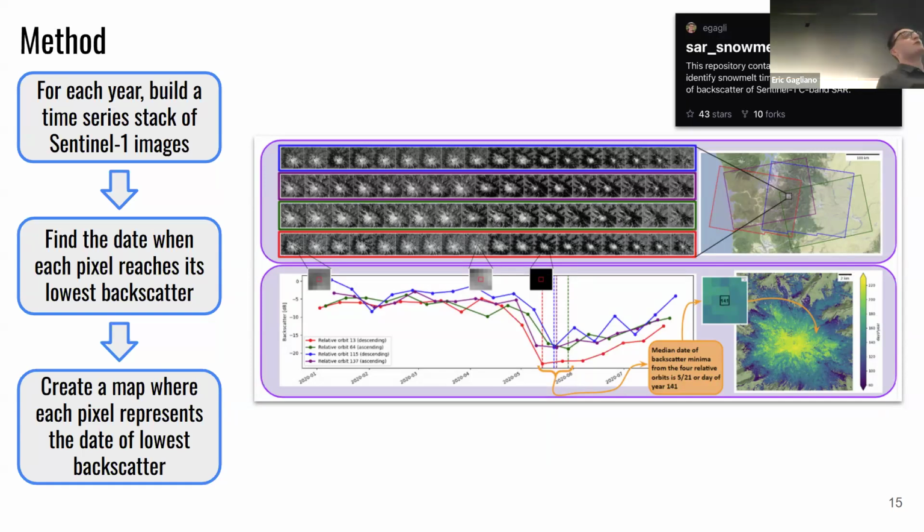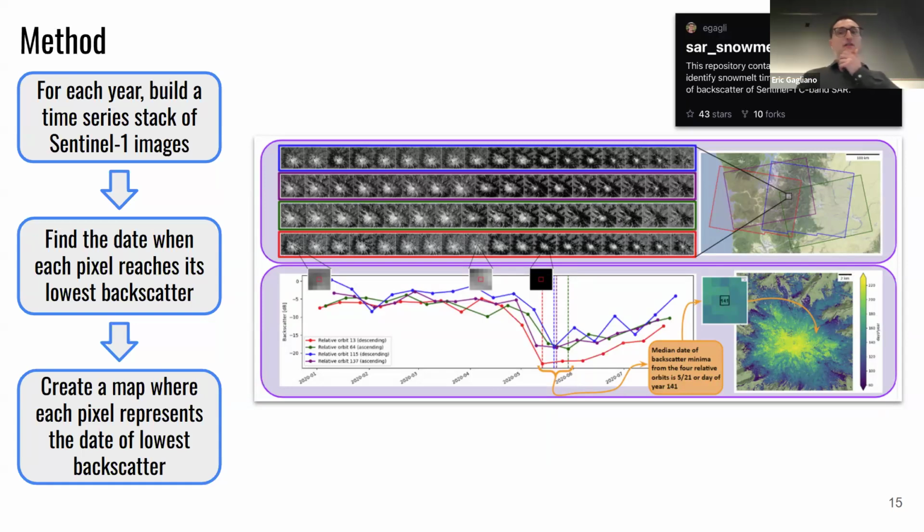So if you have 4 different viewing geometries, you're effectively increasing your temporal resolution. So then that helps us create this runoff onset map that you might see a couple of in this talk. And it's basically showing for each pixel when runoff onset occurred.